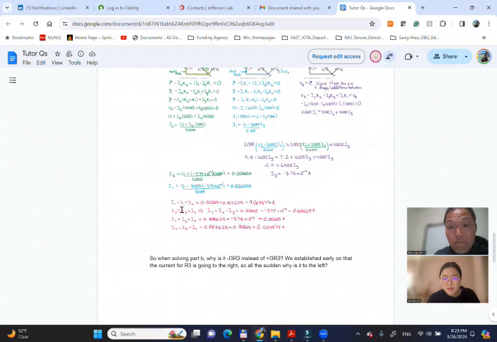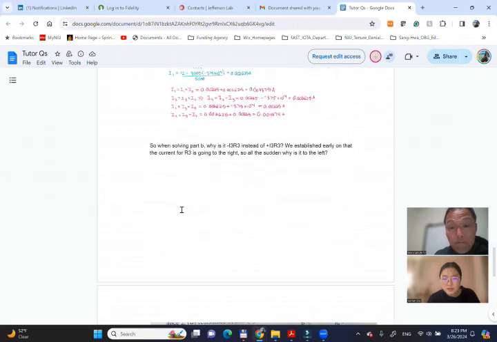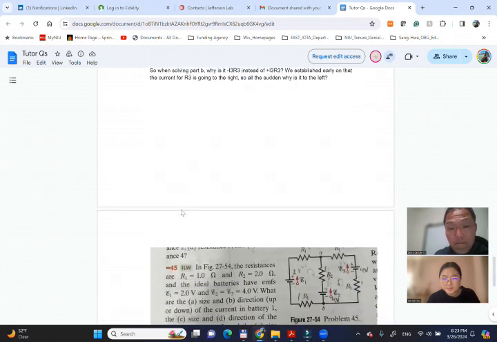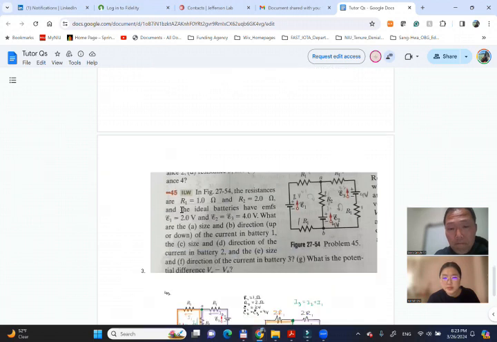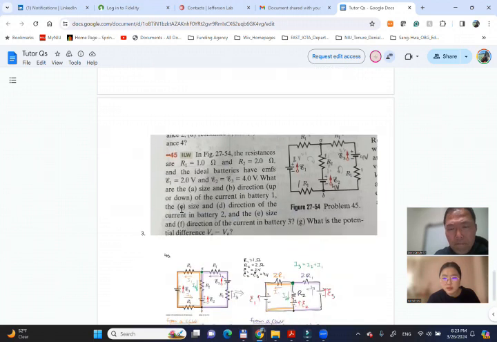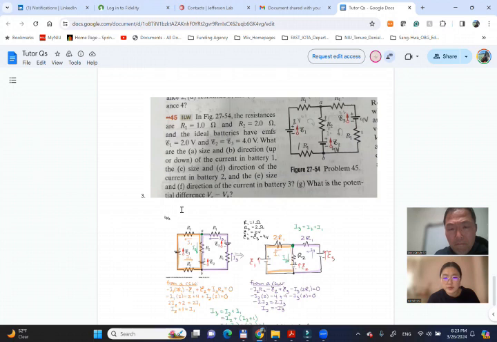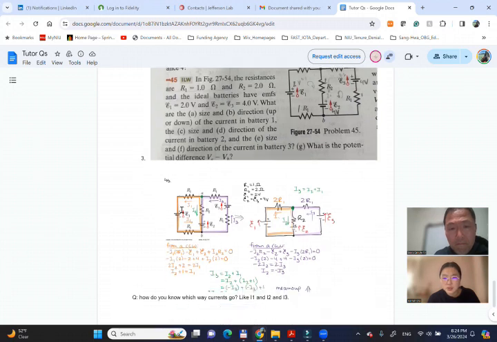I think the main thing that I'm confused about is how you set up the one on the second page.